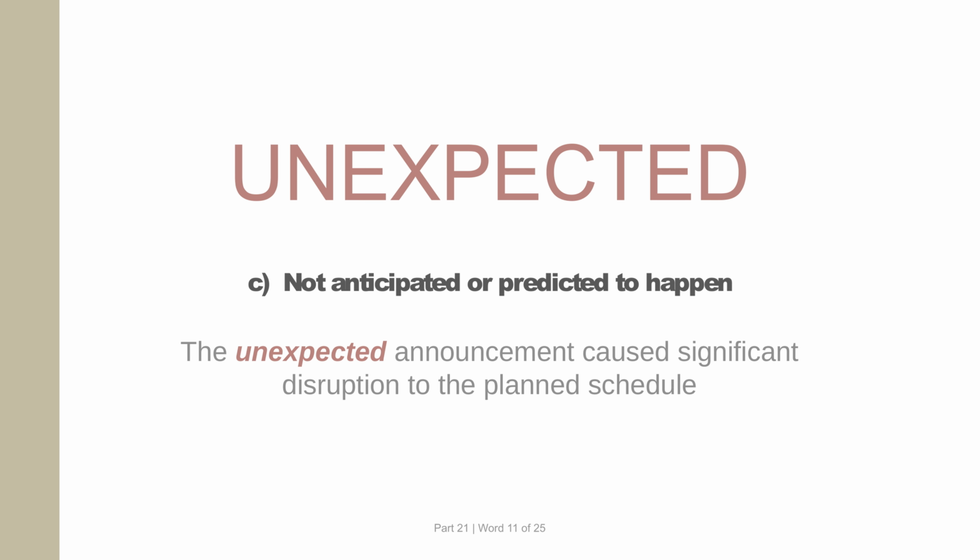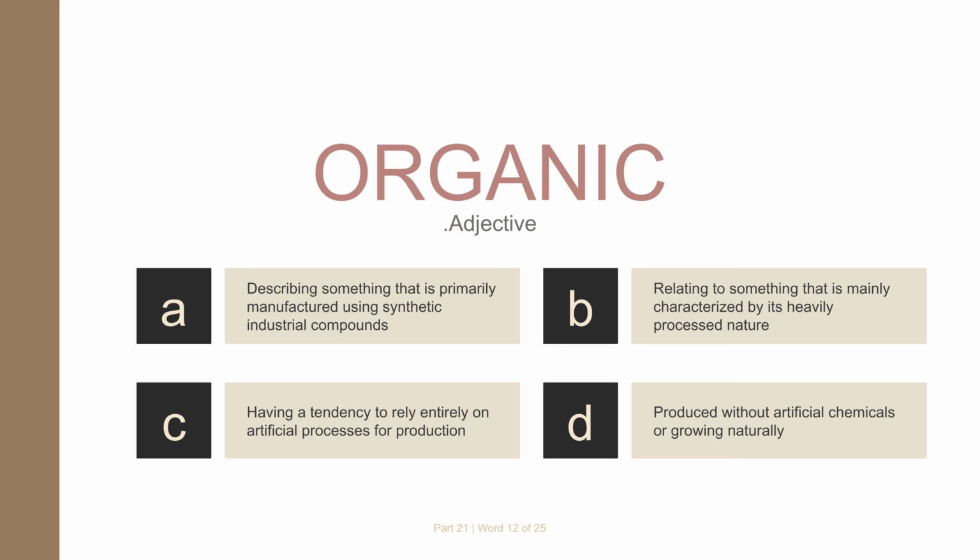Question 12. What is the meaning of organic? Option A. Describing something that is primarily manufactured using synthetic industrial compounds. Option B. Relating to something that is mainly characterized by its heavily processed nature. Option C. Having a tendency to rely entirely on artificial processes for production.